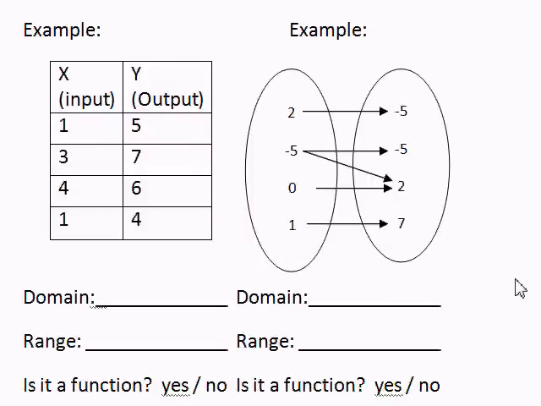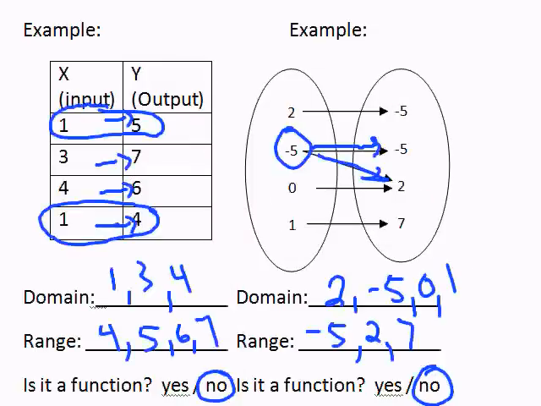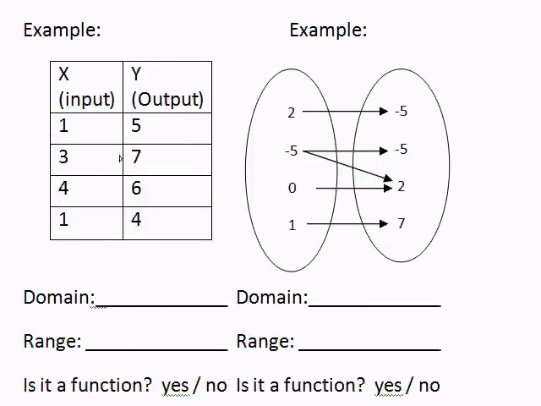Let's take a look at another example. On the left-hand side, we have our inputs, 1, 3, 4, and 1. That would be our domain. 1, 3, and 4, you don't have to list 1 twice. Our range are our outputs, 5, 7, 6, and 4. If you want to, you can write it in numerical order, 4, 5, 6, 7. Is it a function?